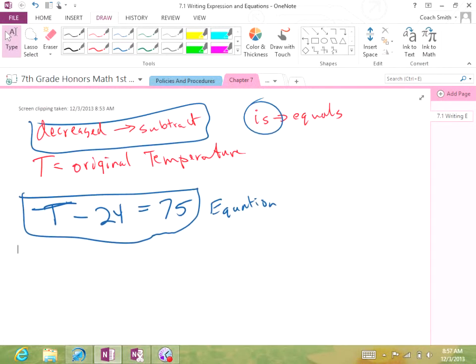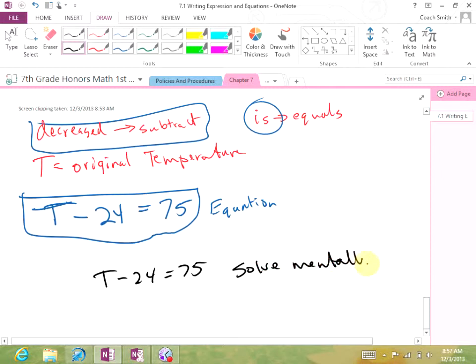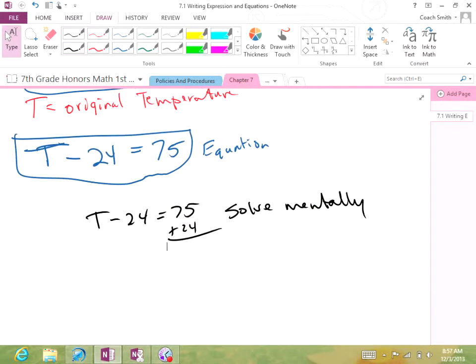That's your first answer. Your second answer is to take t minus 24 equals 75 and solve mentally. Okay? And to solve that mentally, you just simply add 24 to this side. And that would be t equal to 99 degrees.